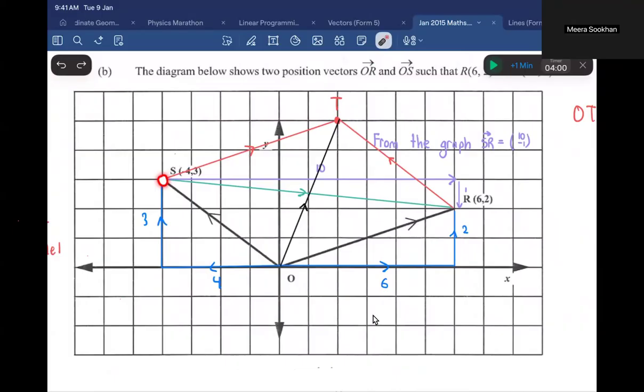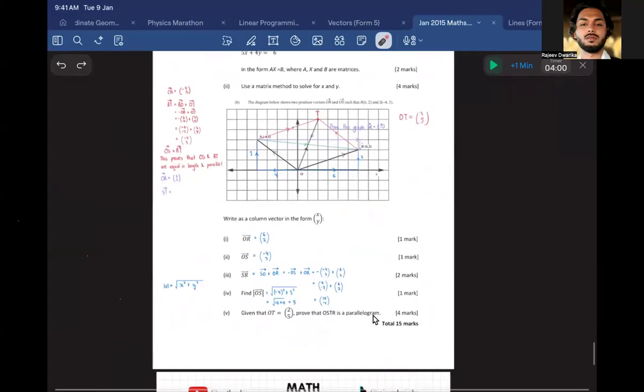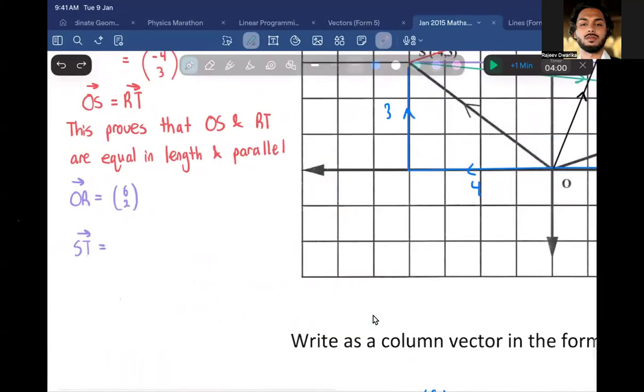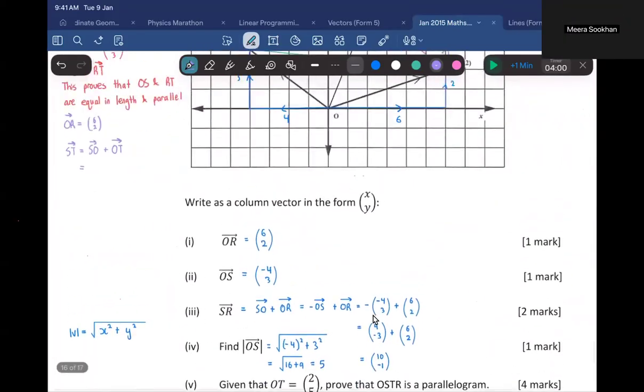Is it S to O and O to T? Yep, you are correct. S to O plus O to T. Now, do we have vector S to O, or do we have vector O to S? O to S, but isn't that the same thing?